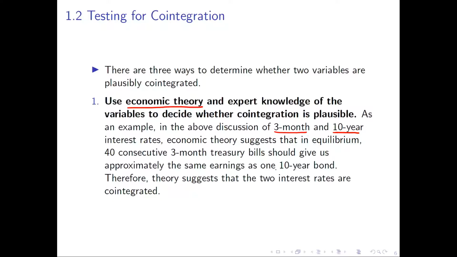And therefore, the expectations theory suggests that these two interest rates are co-integrated, because they can't diverge from each other, because then people would invest in the security which gave the highest interest rate in expectation, and not invest in the security which provides the lower returns.